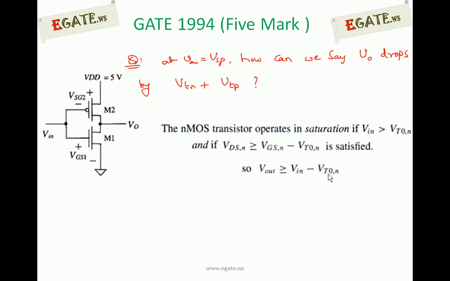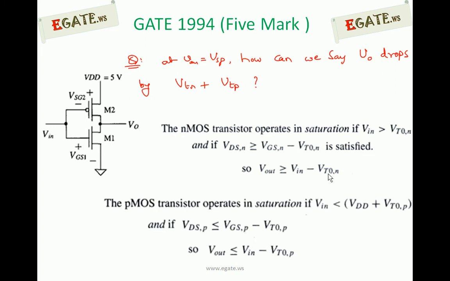So V output can take a value down to V input minus VTN for NMOS, so that NMOS will still be in the on condition, that is in saturation. Similarly for PMOS, the PMOS transistor operates in saturation if V input is less than VDD plus VTP. Here VTP value is -1, remember that. So if V input is less than VDD plus VTP, then the PMOS transistor will be in saturation.